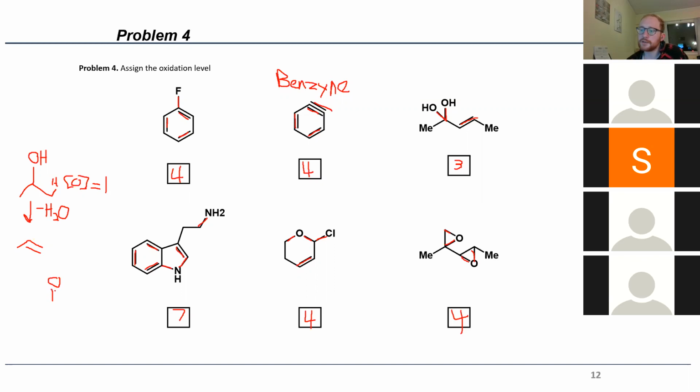We have an aldehyde or a ketone, and we add water to make it a hydrate. This is 2 and also 2.